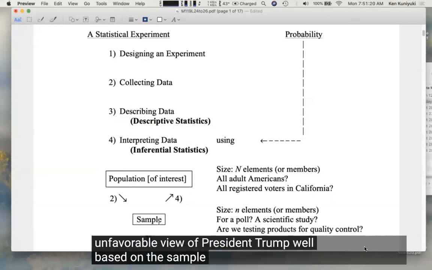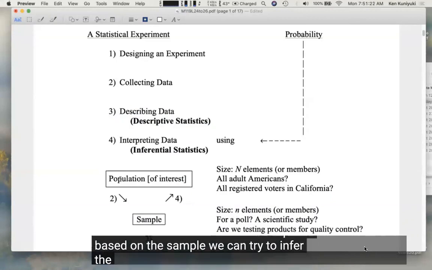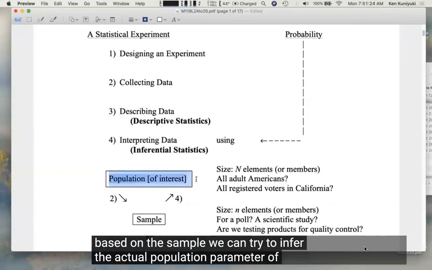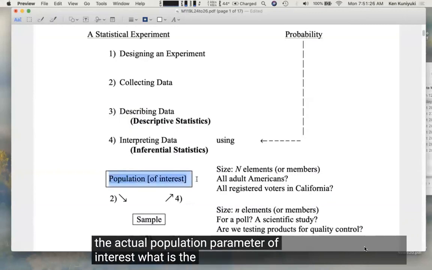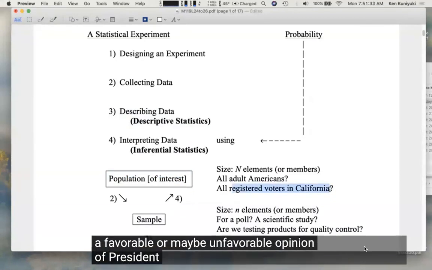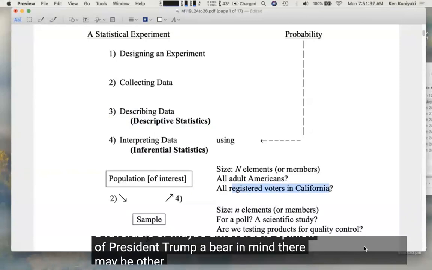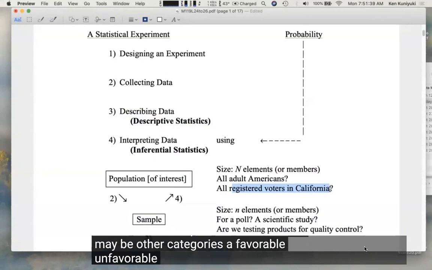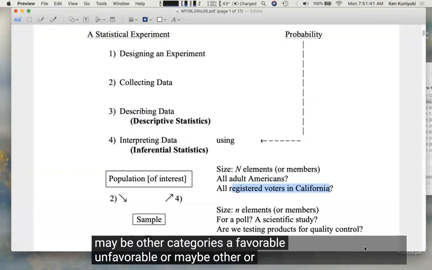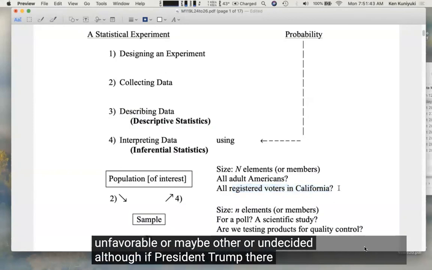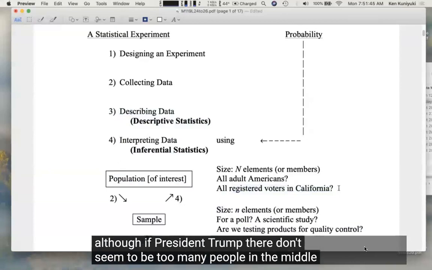Well, based on the sample, we can try to infer the actual population parameter of interest. What is the proportion of registered voters in California who have a favorable or maybe unfavorable opinion of President Trump? Bear in mind, there may be other categories, favorable, unfavorable, or maybe other or undecided. Although with President Trump, there don't seem to be too many people in the middle.